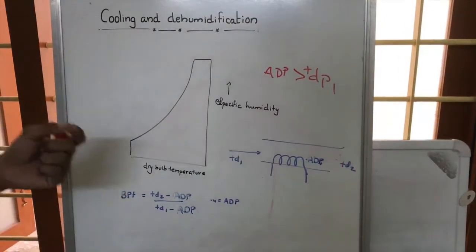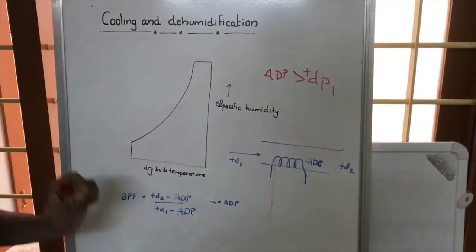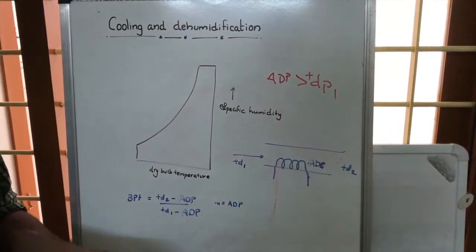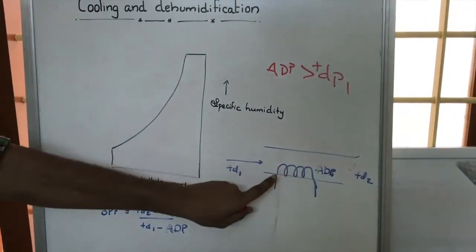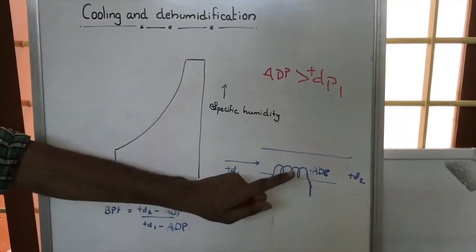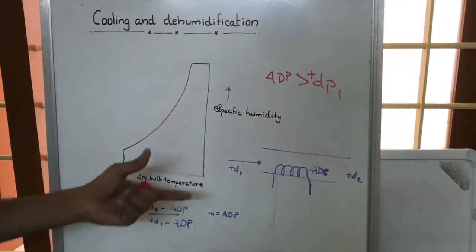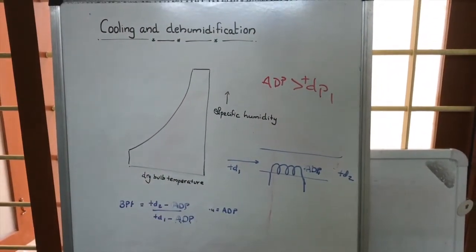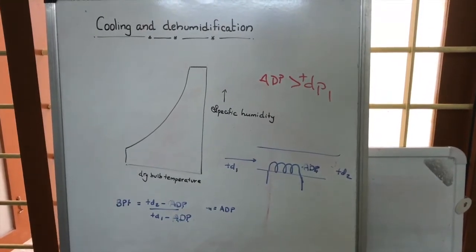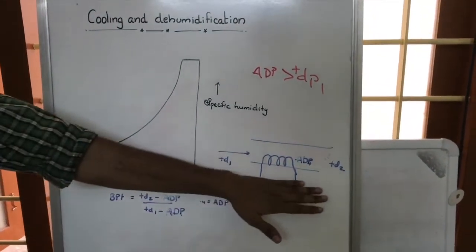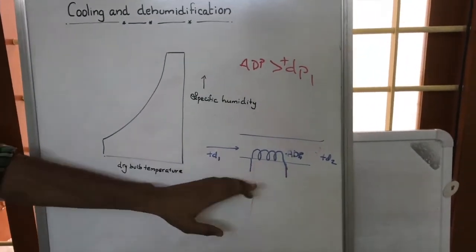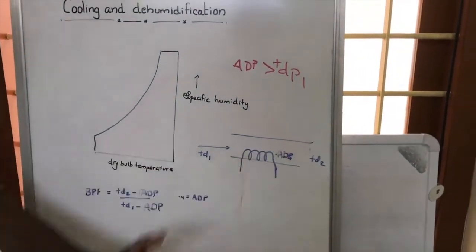Dew point temperature is the temperature at which the moisture comes out as water droplets, and if the temperature of this apparatus is less than the dew point temperature, definitely water will come out of this air. That means dehumidification takes place. During dehumidification, the temperature of this air decreases from TD1 to TD2.